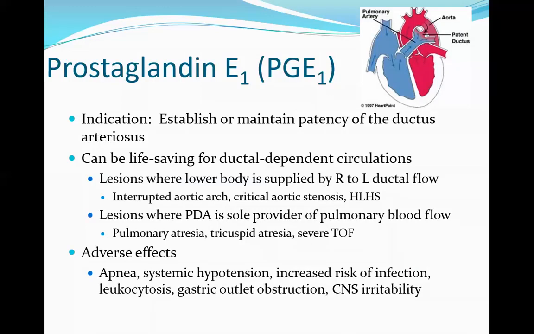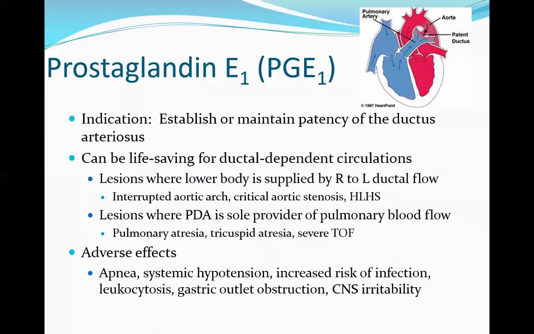Another drug I wanted to talk about briefly is prostaglandin. This can be a life-saving drug, and it's indicated when it is needed to establish or maintain the patency of the ductus arteriosus, basically to keep the ductus arteriosus open for ductal-dependent circulations. Examples of ductal-dependent circulations are lesions where the lower body is supplied by right to left ductal flow, such as interrupted aortic arch, critical aortic stenosis, or hypoplastic left heart syndrome.